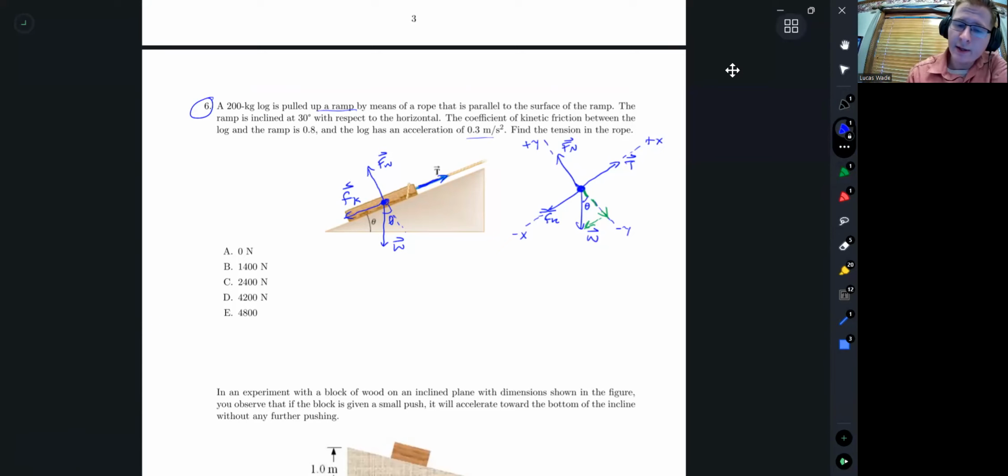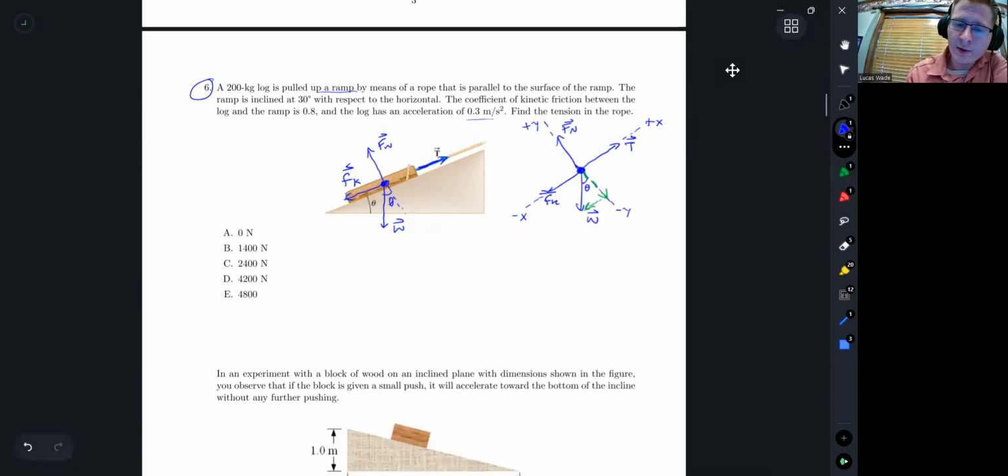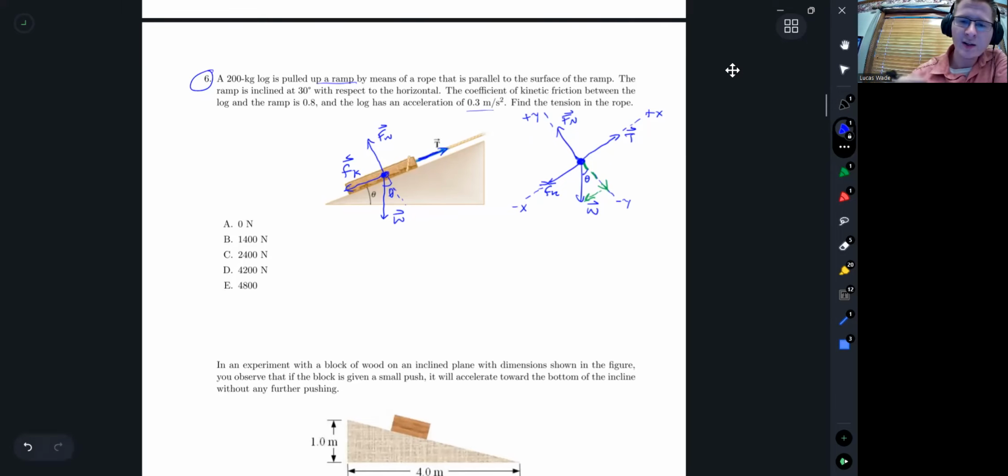Okay, so now we are ready to look at our force components along each direction. We could make our table and do that, but just for the sake of brevity, we'll just list them out. And if you want to go back through and make sure you understand how we got these, then be sure to do that.